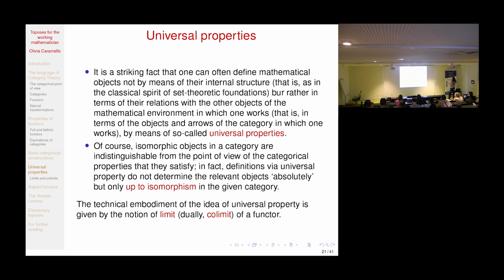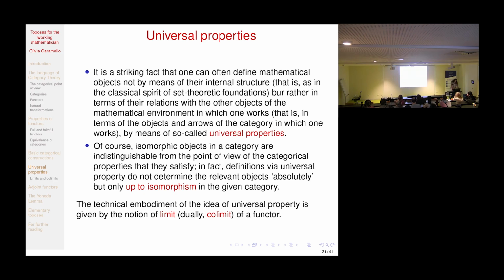We reviewed them from a categorical viewpoint, and we pointed out that they satisfied properties that are sufficiently strong as to determine these objects together with their canonical arrows relating them to the objects of the relevant diagram, sufficiently strong to determine this object up to isomorphism. So now I'm going to give you the full technical definition of this notion.